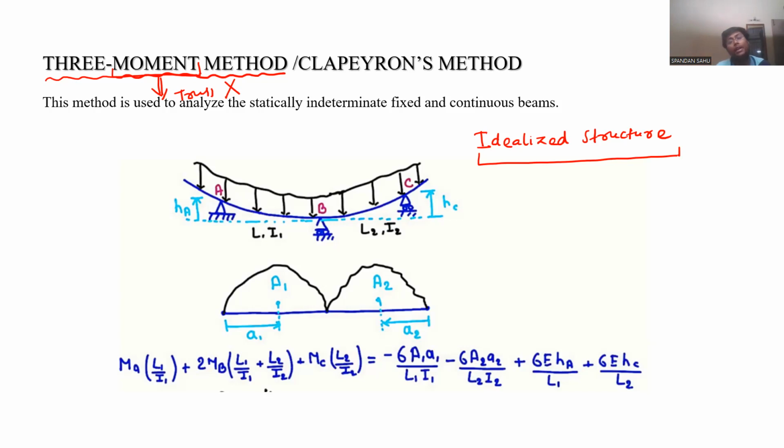Not exactly. There might be some forces that are eccentric, which will try to bend the truss. But from the idealization point of view, we are simplifying our task. We are making an idealized structure and analyzing it.